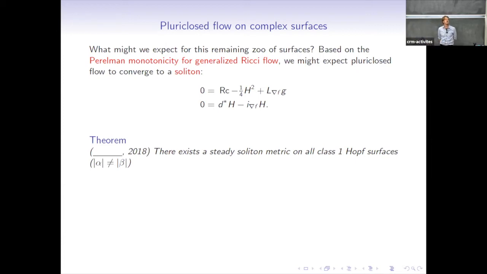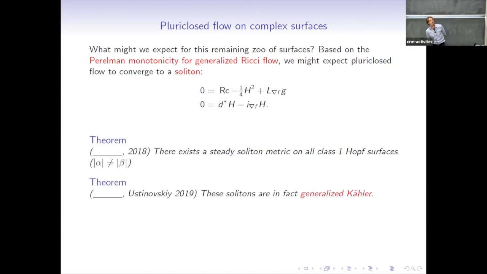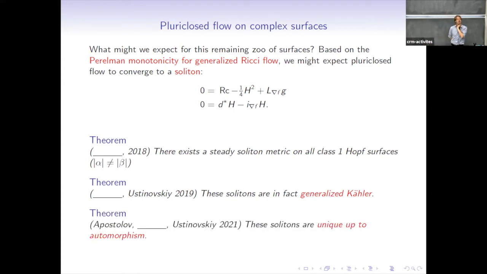We proved that these steady soliton forms do exist on all of these class 1 Hopf surfaces. And then later with Yuri, we derived them in a much simpler way using this T3 invariance, and proved they have this bonus structure from generalized Kähler geometry. And then also, as Yuri discussed very nicely, we joined with Bessie and Yuri, and we proved the automorphism and scaling.